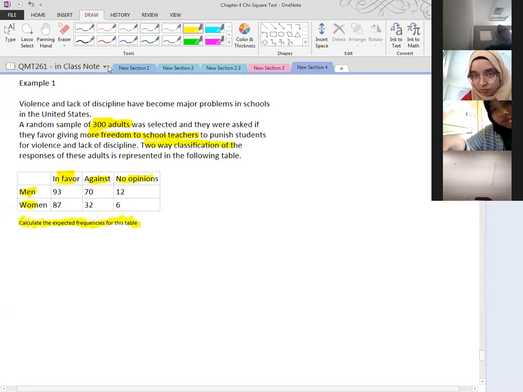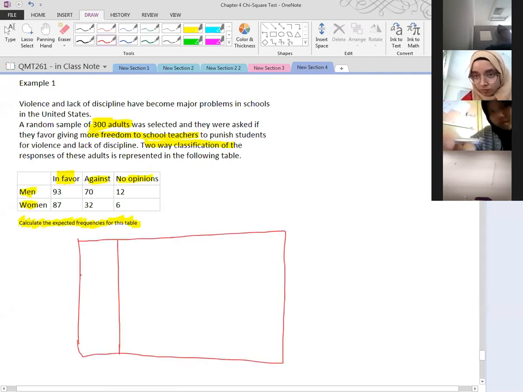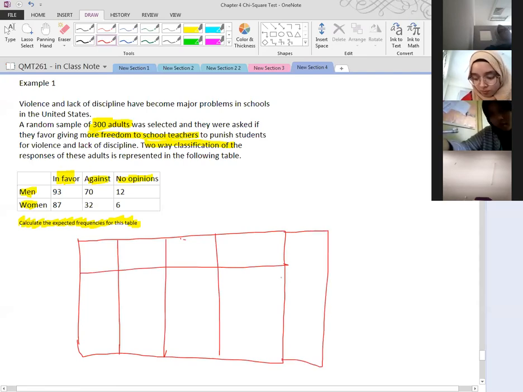So now we need to create a proper table, because in a proper table with expected frequency we should have a total, right? So we have 3 columns, with another one being total, and we have man, woman, and total.